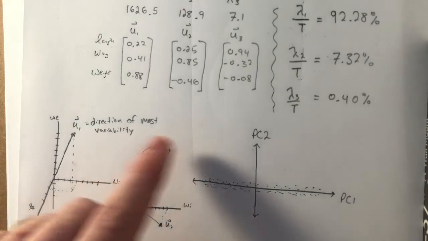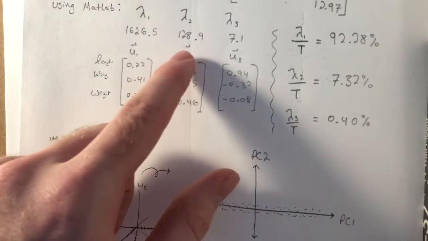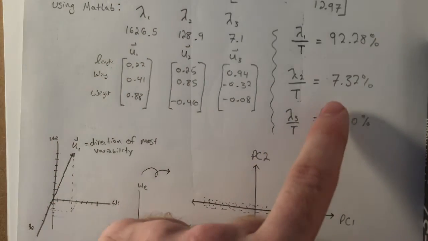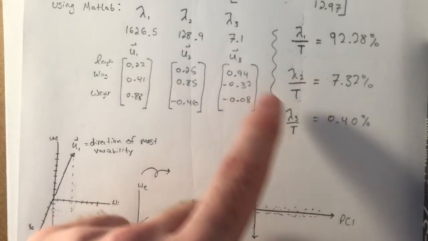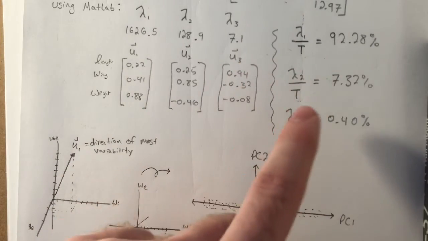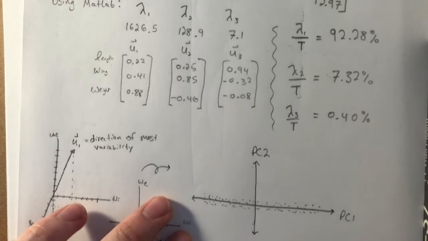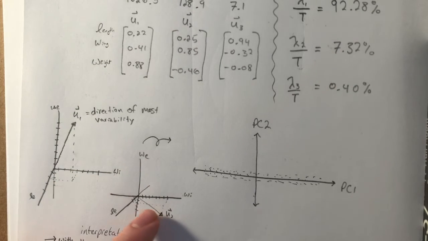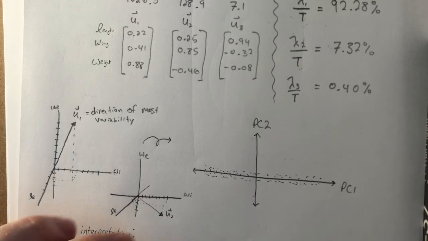And if we look at the second eigenvalue here, we see that 7% of the variability is maintained in that principal component axis. And then this would be a rough plot of that eigenvector corresponding to that principal component.